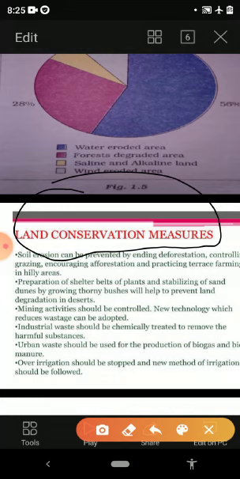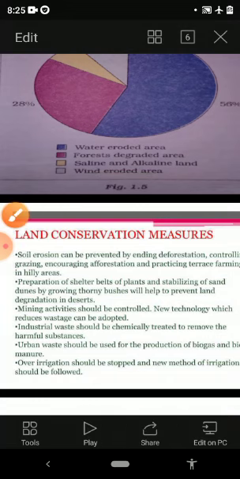Soil erosion can be checked by planting vegetation, construction of check dams to reduce the causes of and the damage caused by floods. Adopt scientific farming methods like contour plowing, strip cropping, crop rotation, timely irrigation to check land degradation.